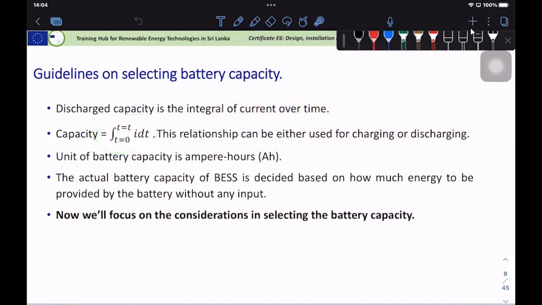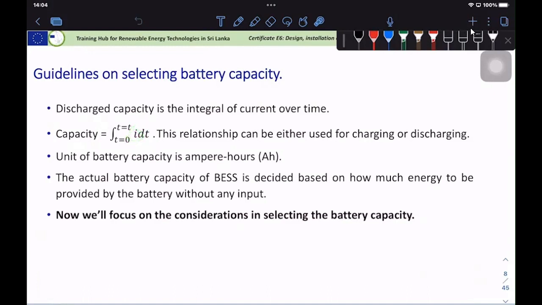So the capacity can be either discharge capacity or charging capacity. In case of charging capacity, this current is the charging current, and if it is a discharging capacity, this is the discharging current.